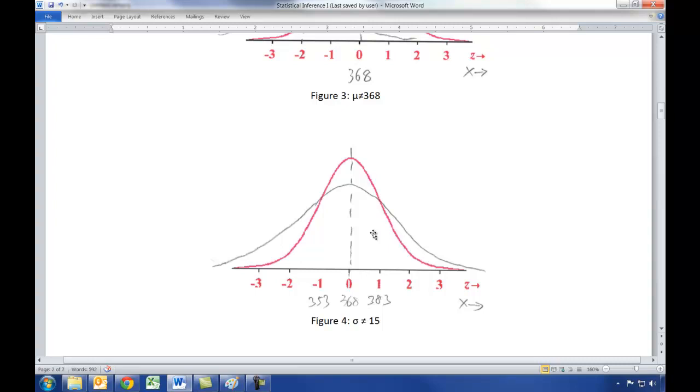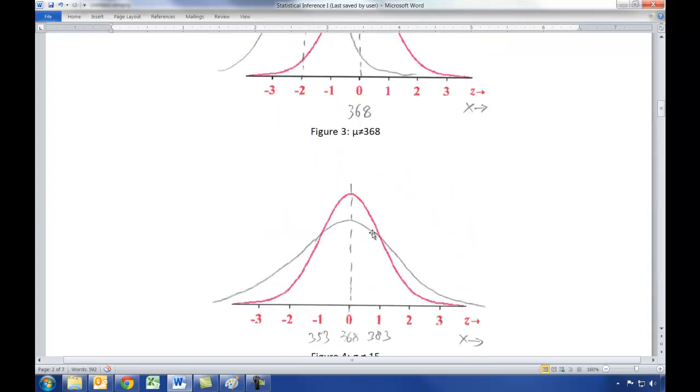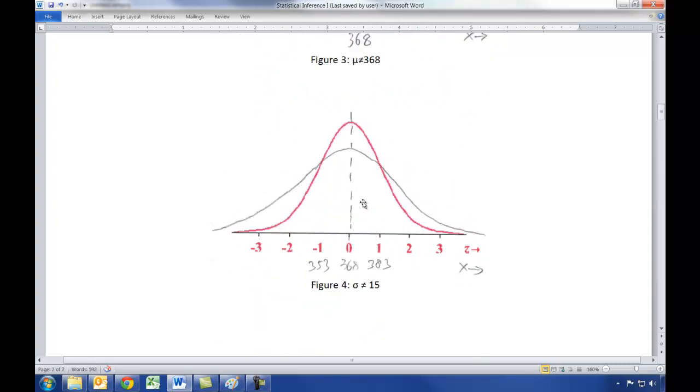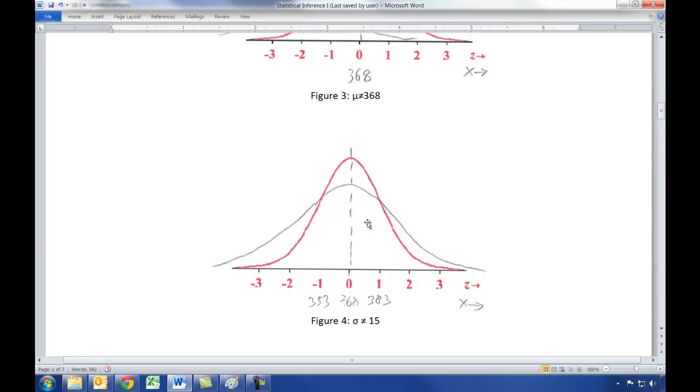So figures 2, 3 and 4 show three different ways of deviating from the specified normal distribution. But of course, in reality, the deviation could be caused by a combination of all these three situations.